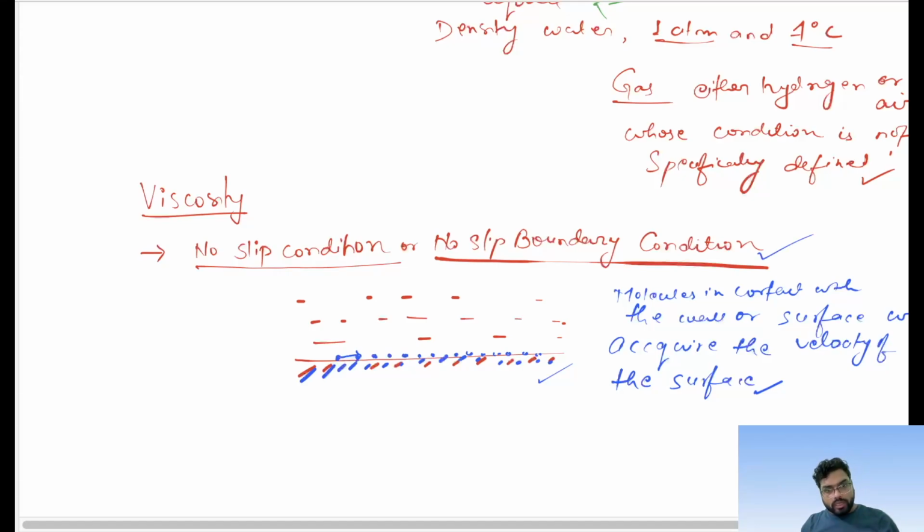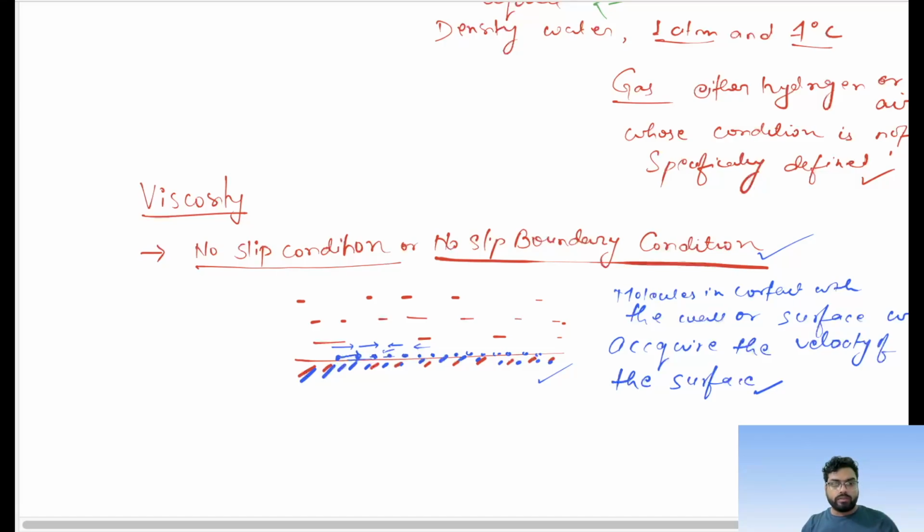Now the layer adjacent to this molecule will also experience a force, but the force will not be due to the direct impact of the wall. It will be due to this molecular layer. Hence, there must be some property which offers this force, and that is defined as viscosity.